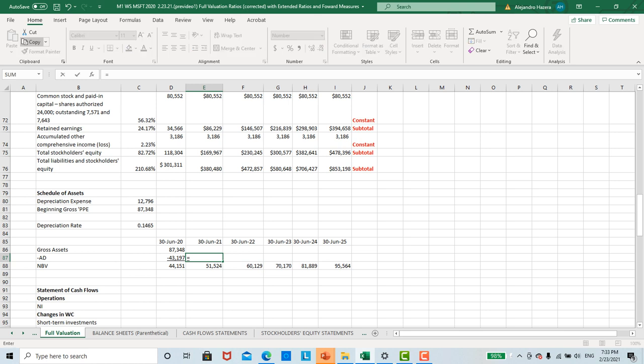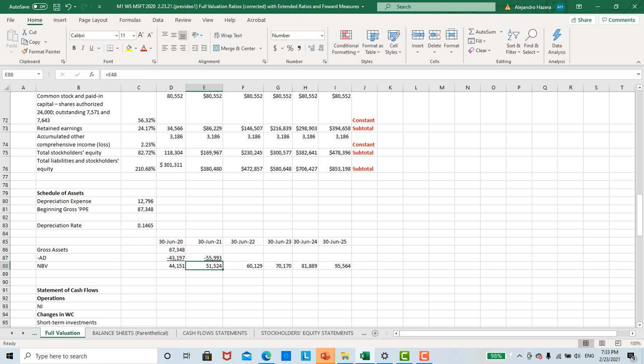Okay, so to fill in my accumulated depreciation, I have accumulated depreciation of 43,197. Now logic has it that I'm going to do minus here because it'll be a negative. And then what I'm going to do is take my beginning gross assets, which is that number right there basically, and multiply that times my depreciation rate.